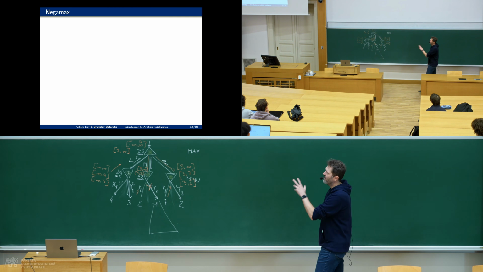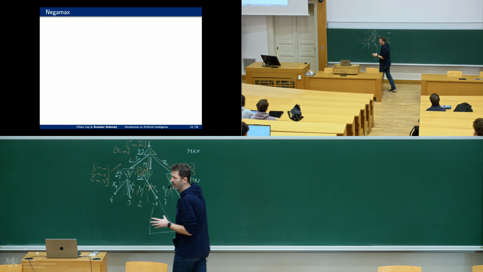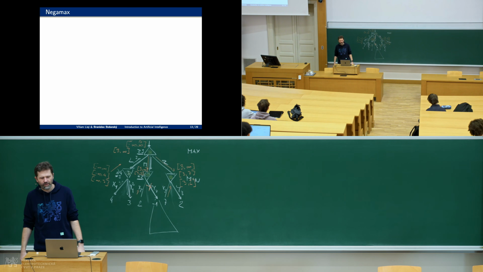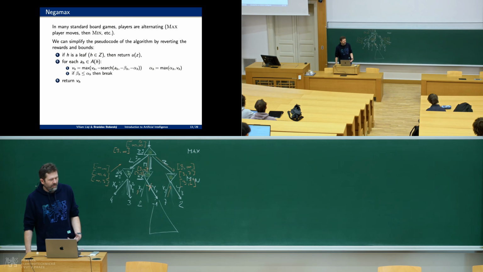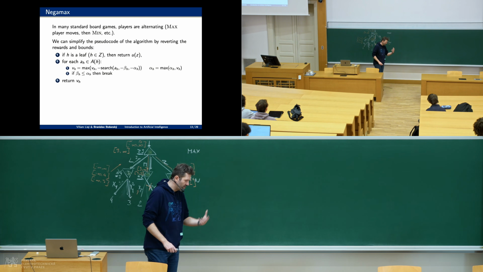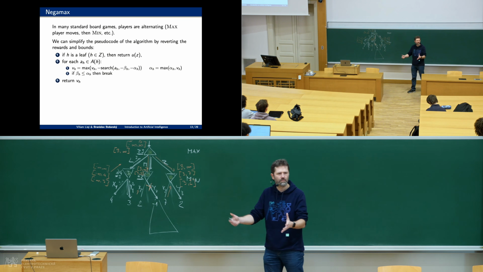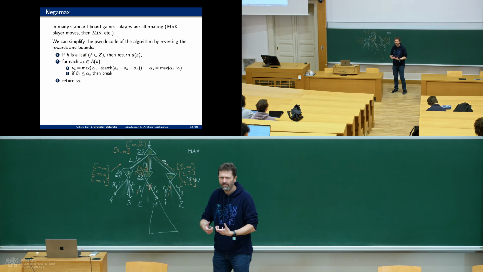Before we dive into specifics, one clarification that you can encounter when you are reading through some other literature is an algorithm called Negamax. In many of the standard games like chess, Go, tic-tac-toe, really most common games that you can encounter from our class of games, players are alternating in their moves.